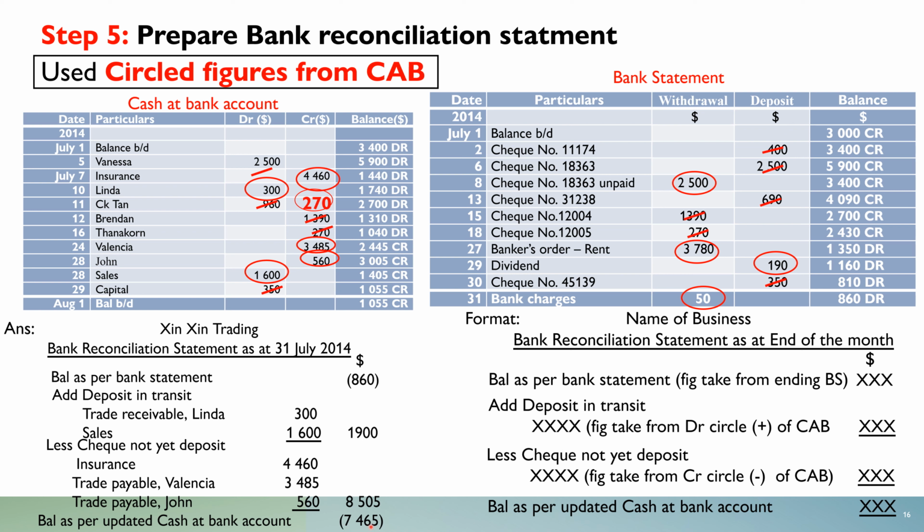Now this figure has to be the same ending figure as your updated cash at bank account in step 4. If it's the same, then your answer is correct. If it's not the same, your answer is wrong. And the error could be either in your step 4 or in step 5.